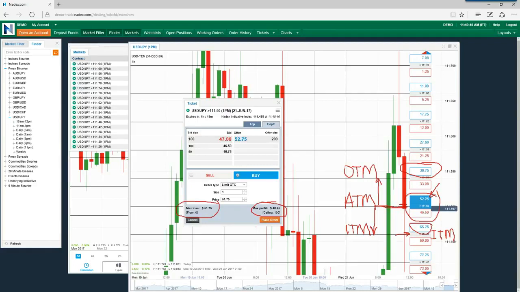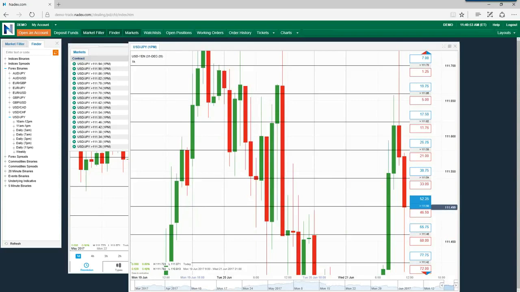Okay, so let's get rid of all of these, and I'm going to cancel that, and let's say I think it's going to go down. What's your at the money, in the money, out of the money? It's reversed. Your in the money would be one strike above where price is trading, so you would click on the red box here. Your at the money is where it's currently trading.